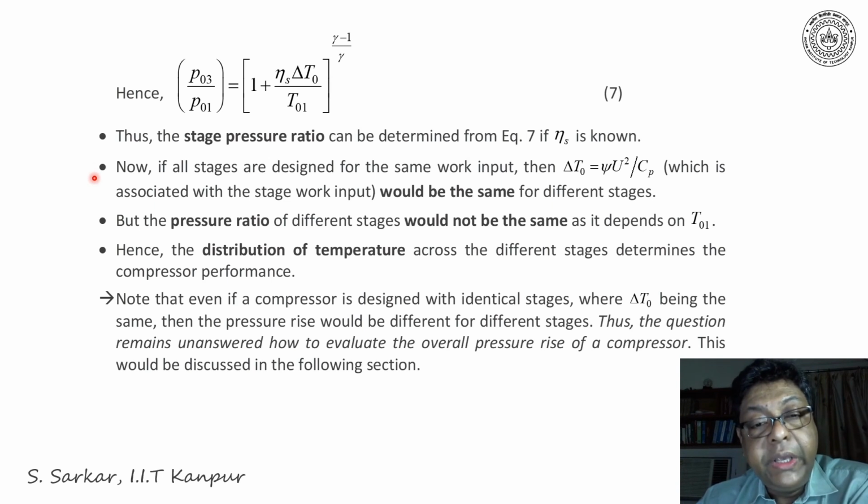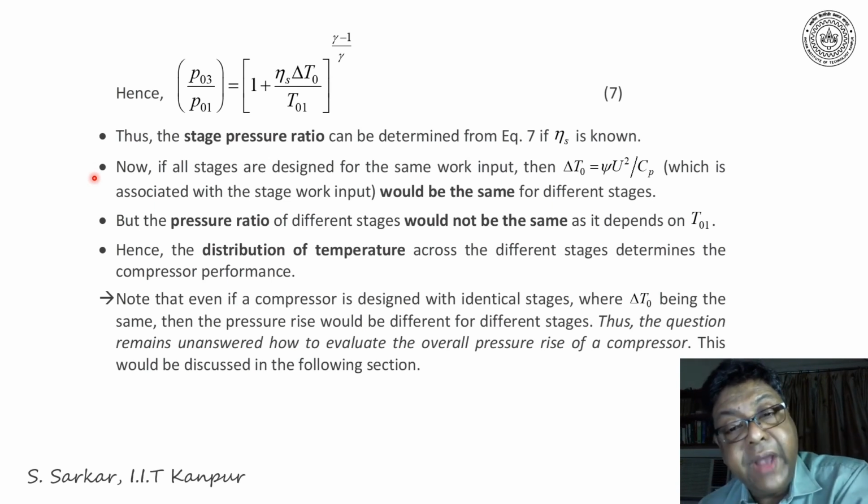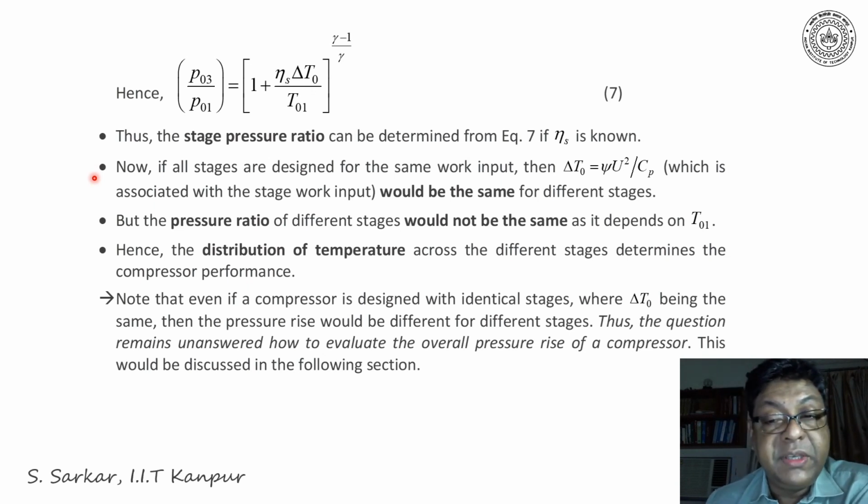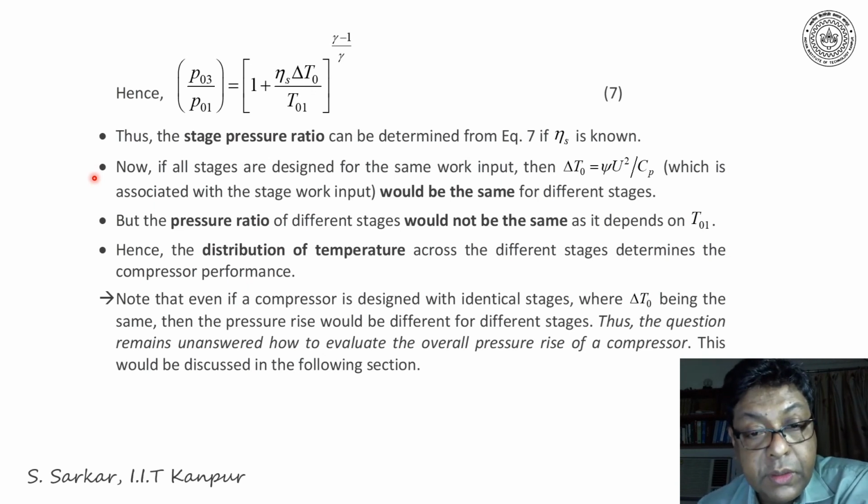Now, if all stages are designed for the same work input, then ΔT0 is equal to xi into U squared divided by Cp, which would be the same for different stages.